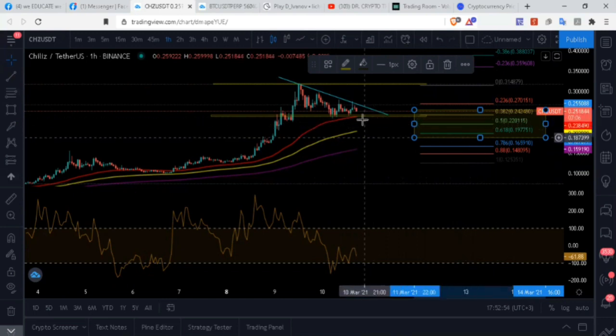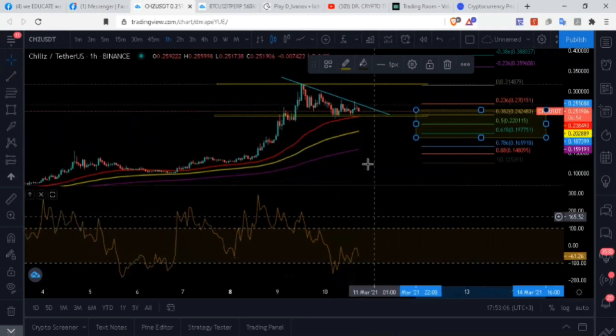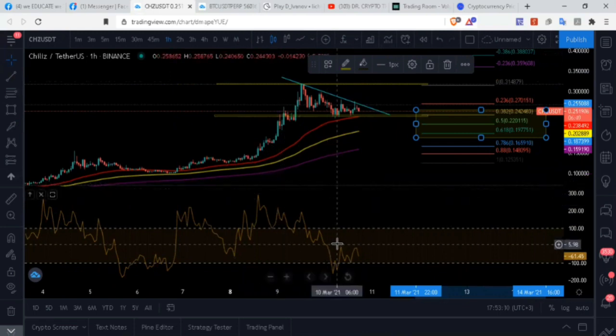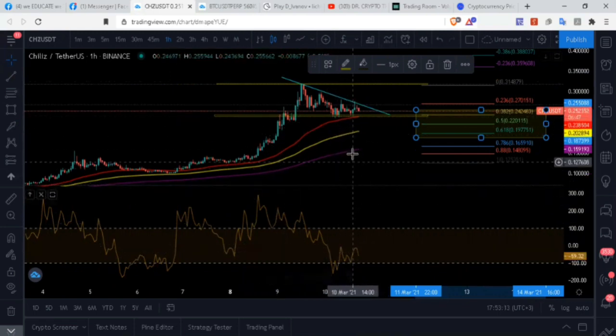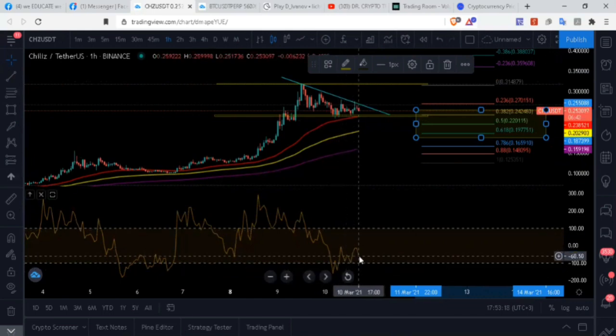Another confluence here is that the price is expected to respect the 50 EMA here. And also, if you are using the indicators here, the price is near the oversold.